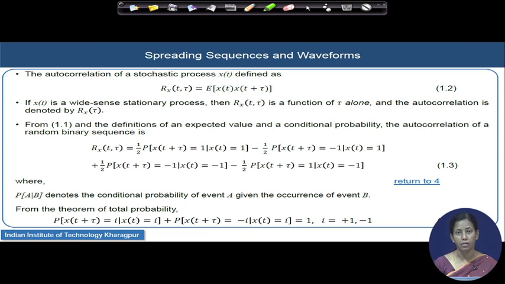Remember, whenever we spread some signal in the transmitter with the help of a spreading sequence, and in the receiver we try to extract the transmitted information by means of this spreading, we usually try to choose the autocorrelation property of a sequence to be extremely good, which means the maximum power of the transmitted signal should be confined within the main lobe of the autocorrelation, and the side lobes will be extremely low compared to the main peak value.